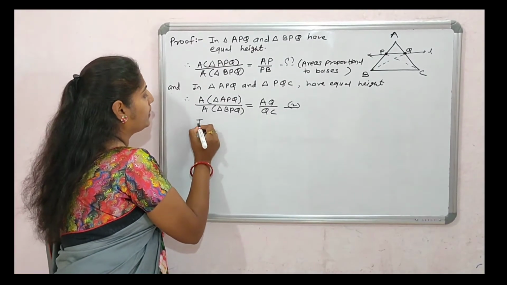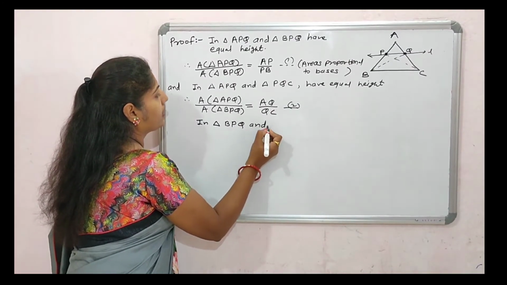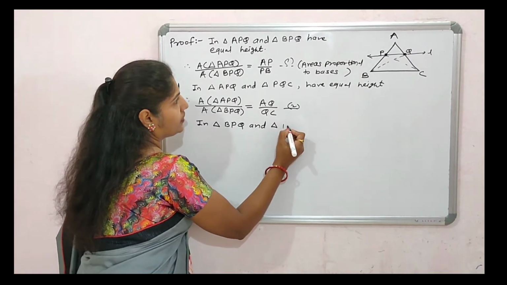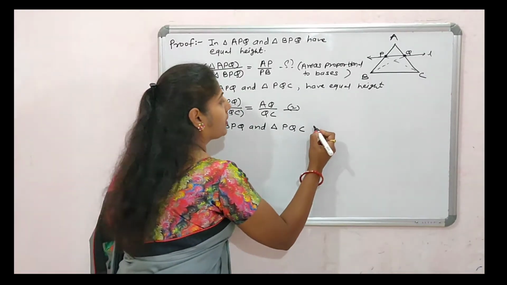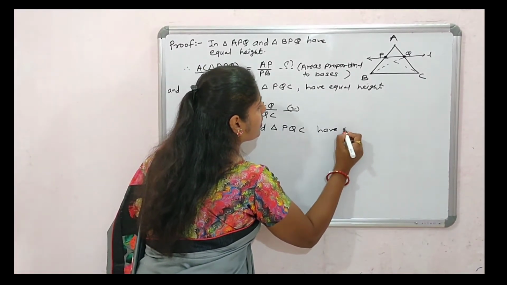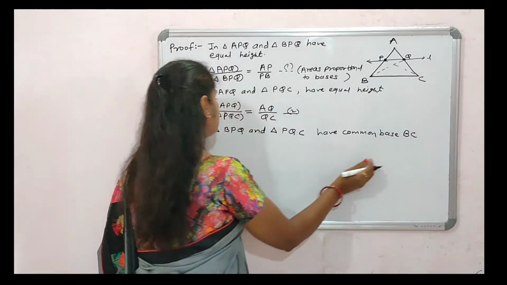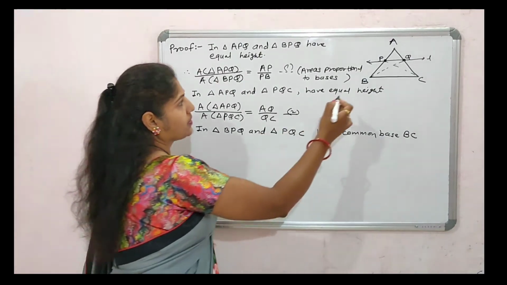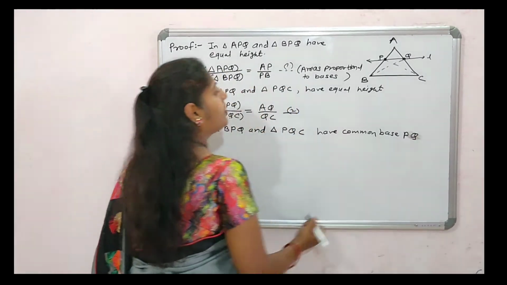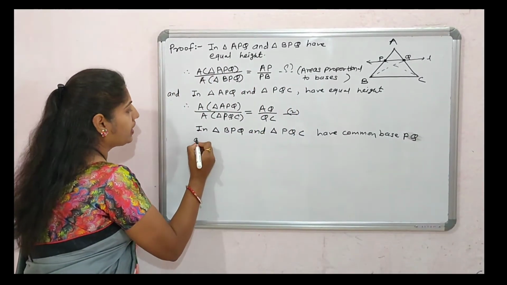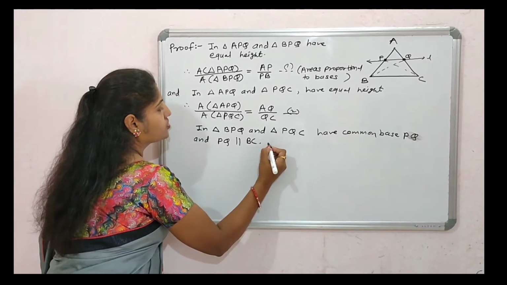Now in triangle BPQ and triangle PQC, both have common base PQ, and PQ is parallel to BC.